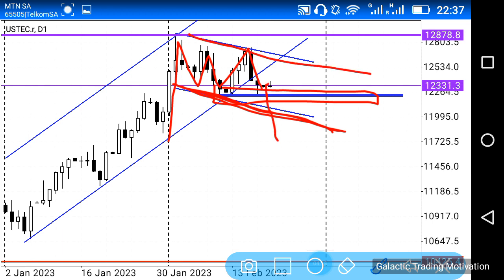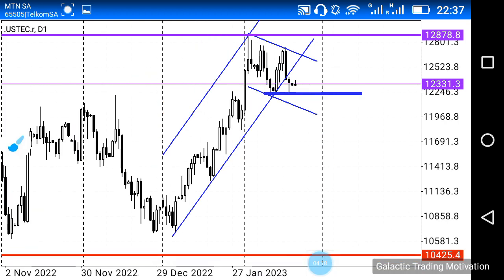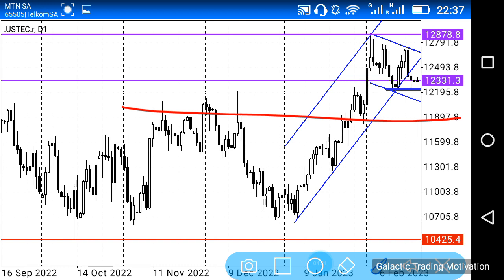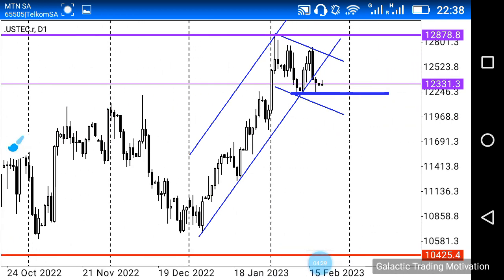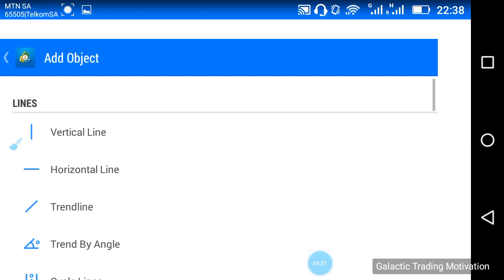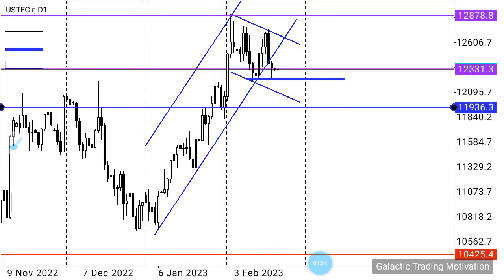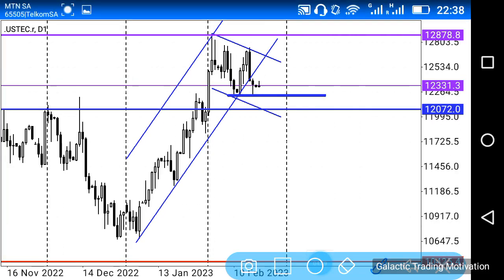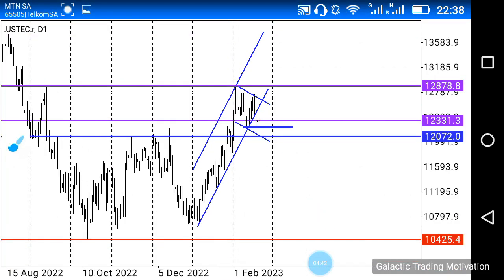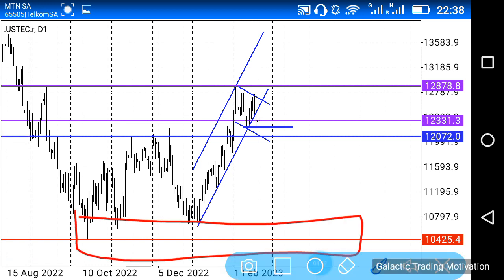Once that happens, chances are that the market will push further down, as I said, to first test this level over here, which is the neckline of this W structure, and a very strong level of support. And once the market closes below this level over here, chances are, as I said, guys, that the market will continue to push further down to grab all of that liquidity that's sitting here, in addition to all of those stop losses that are also in the same location.